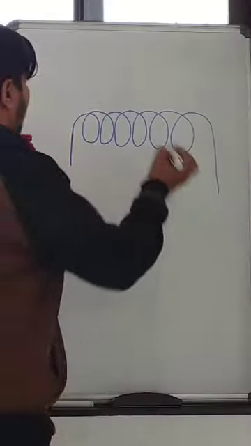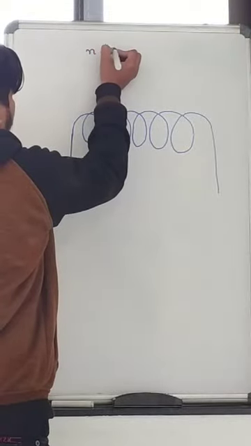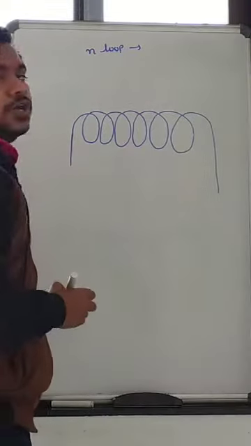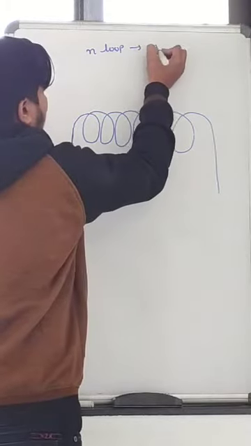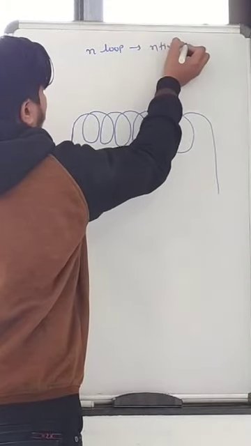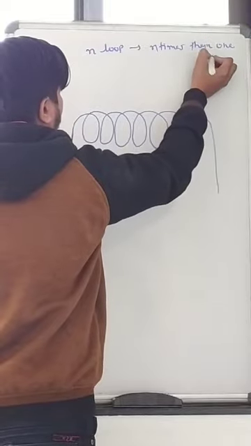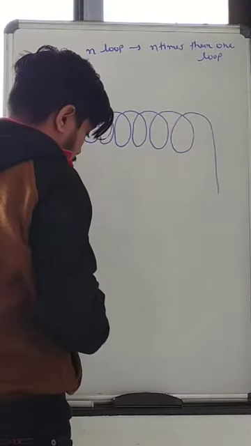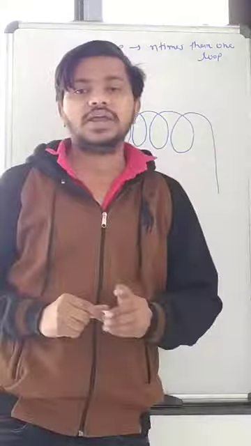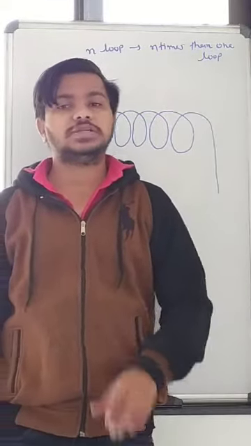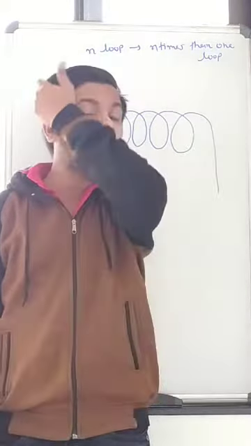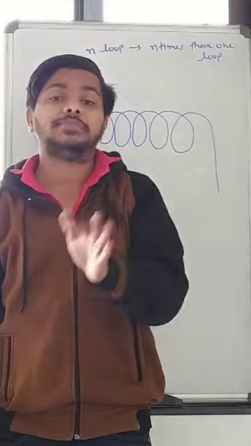If you are thinking about n loops, then the magnetism produced by those loops is n times higher than one loop, right? If from one loop some magnetism is produced, then from 10 loops the magnetism is 10 times higher.